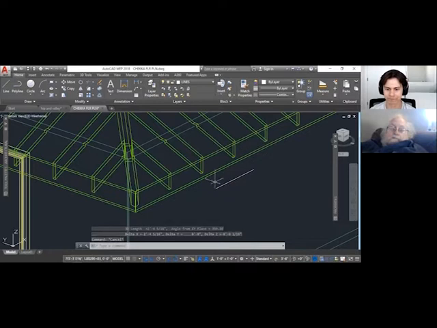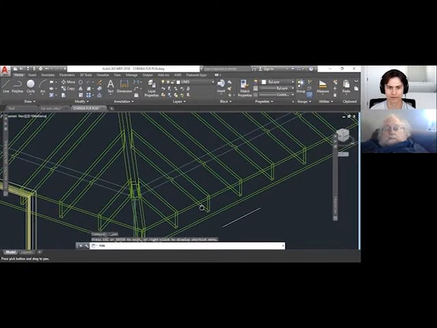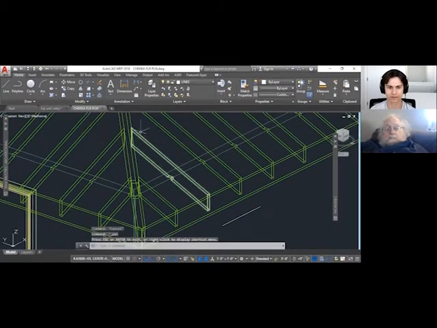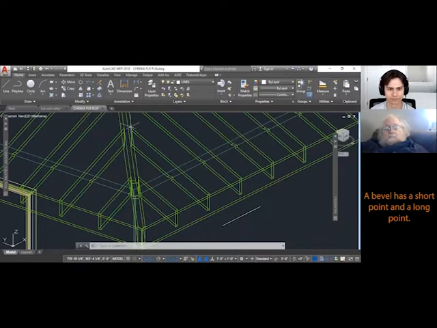If I wanted to calculate the length of this rafter, and when I talk about length, I'm always talking long point. You see that this rafter has a bevel to it, and it's got a short point and a long point of that bevel.